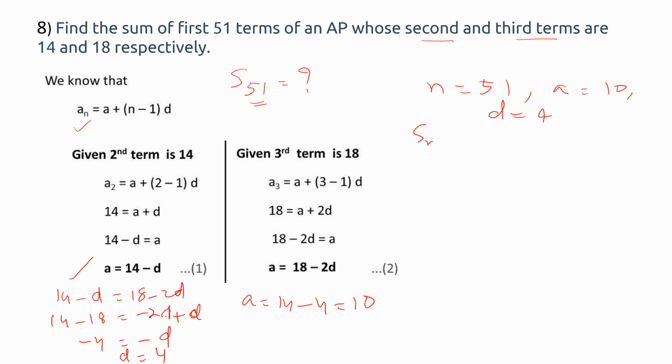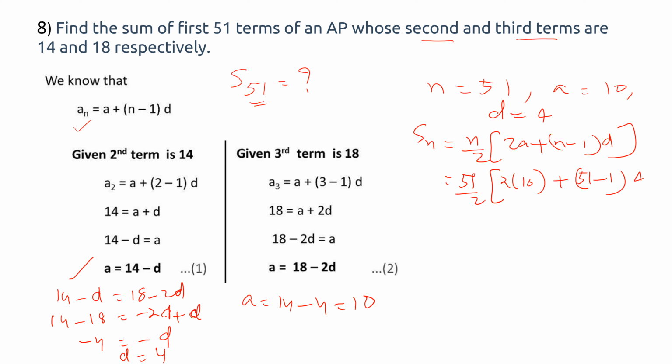So we'll write the formula Sn equal to n by 2 into 2A plus n minus 1 into D. So 51 by 2 into 2 into 10 plus 51 minus 1 into 4. So 51 by 2 into 20 plus 51 minus 1 is 50, 50 into 4, 200. So 51 by 2 into 220.